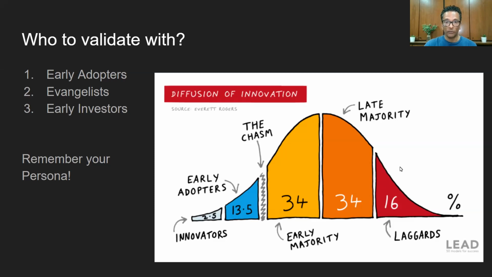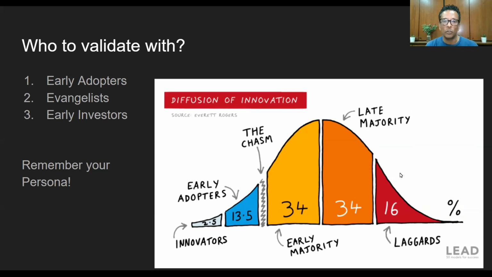And then, of course, once you reach 13.5%, you've got a few more people. There's a chasm, and the chasm basically is that at that point in time, the company that spends the most money and the most resource in terms of promotion will draw the early adopters and the early majority into the fray. And of course, those are going to be the big companies.